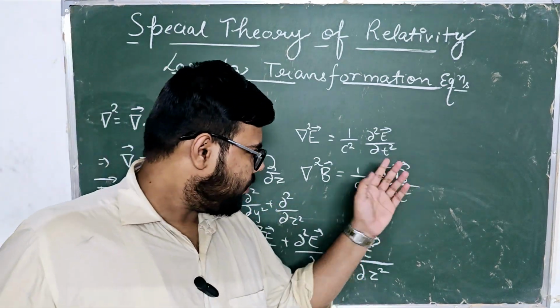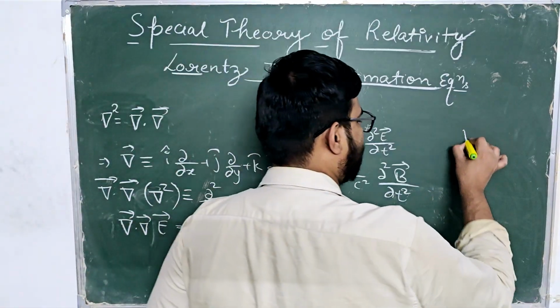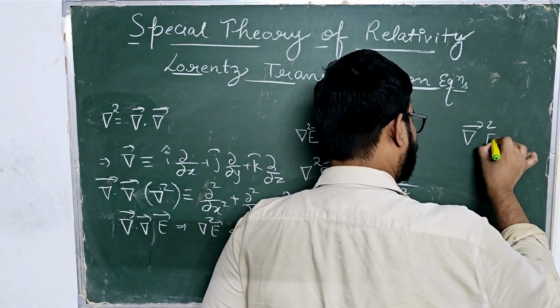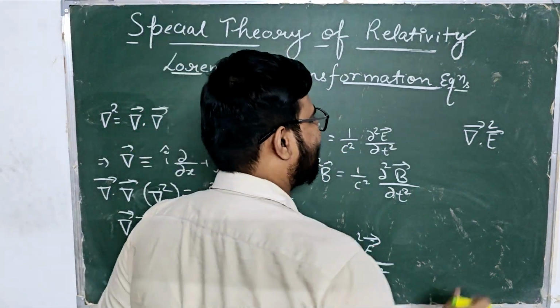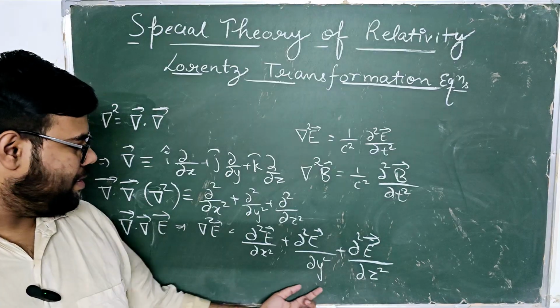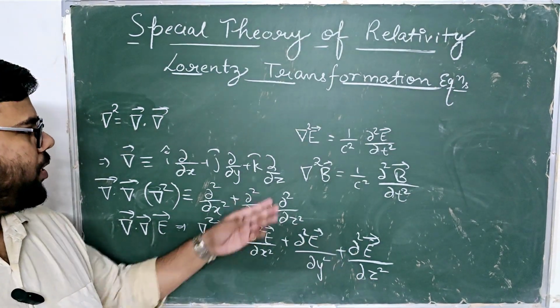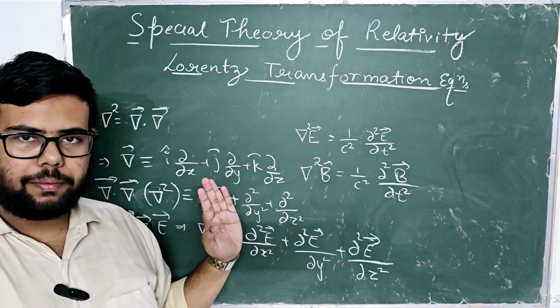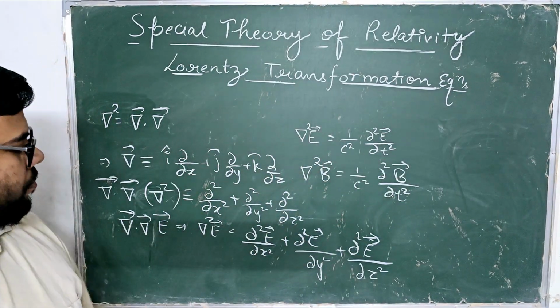So this is the actual equation, and what I had written was wrong, because I had taken the dot product over here. This is the actual expression which we will get. There is a vector over here and this is also a vector, and similarly for the B vector.